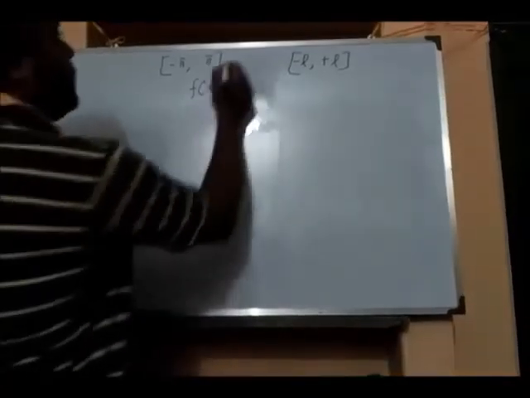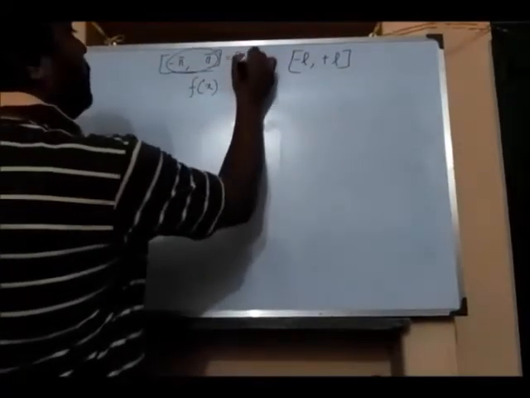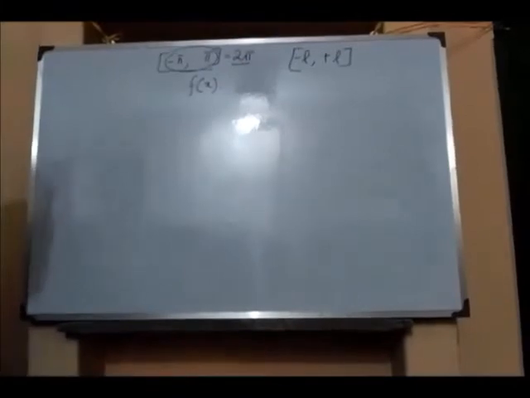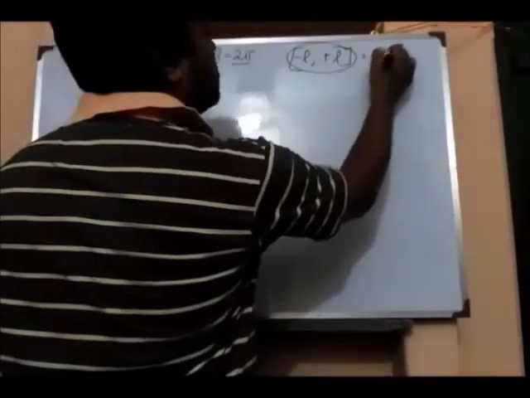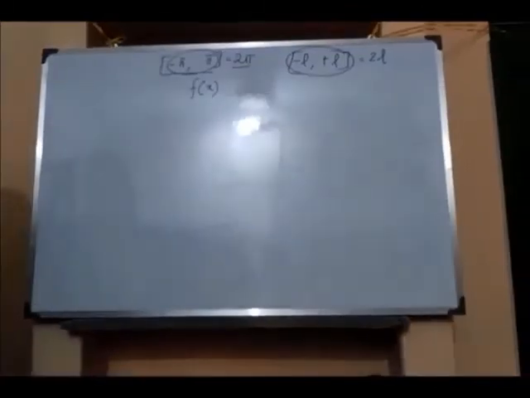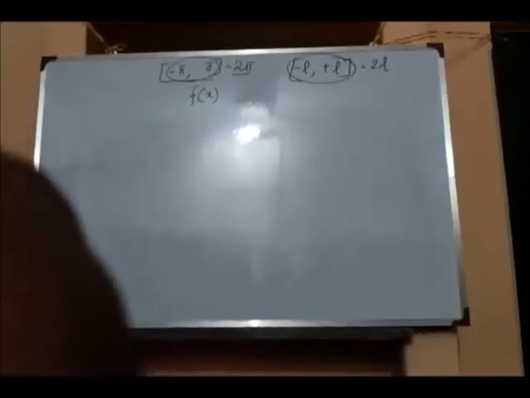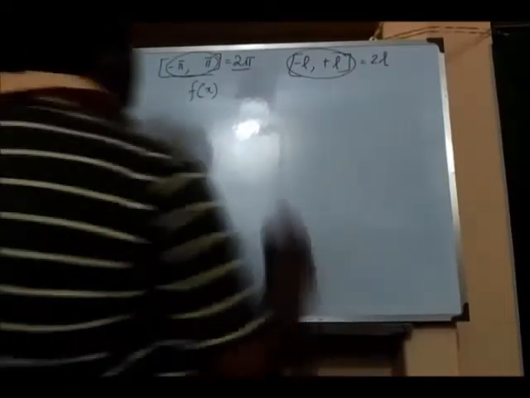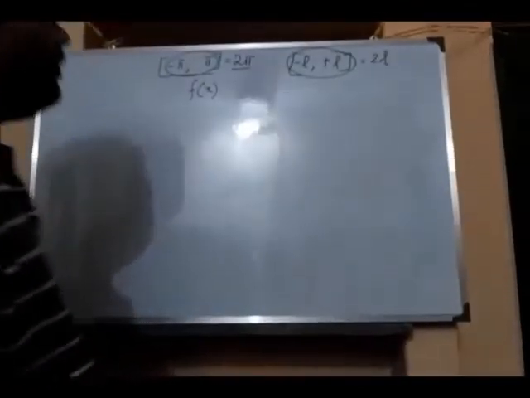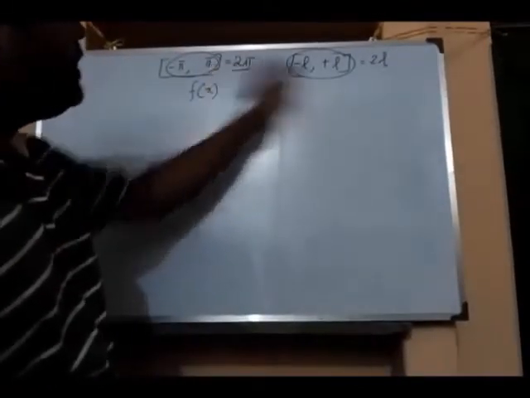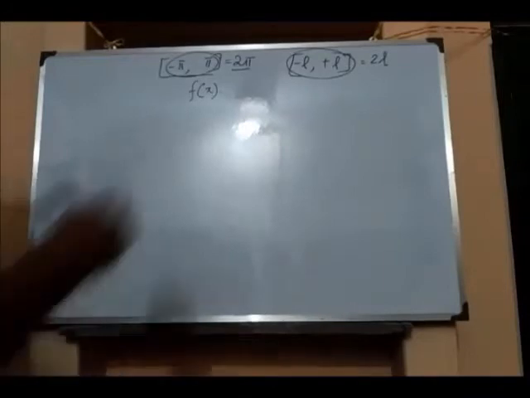You can assume here that the total period of this bound region is twice pi, and in a similar way the total period of this bound region is twice L. So as the total period of this bound region is 2 pi and this bound region is 2L, you have to change this bound region into the form of this bound region in terms of variable x.